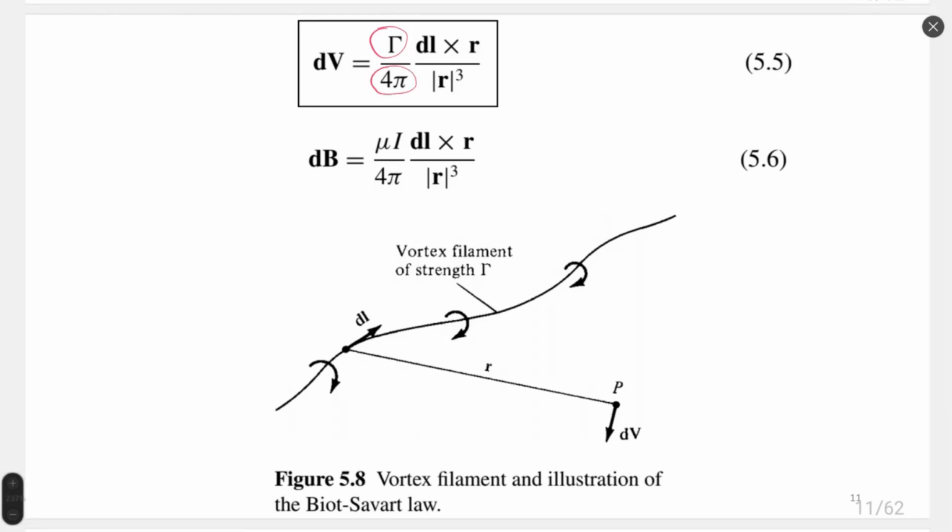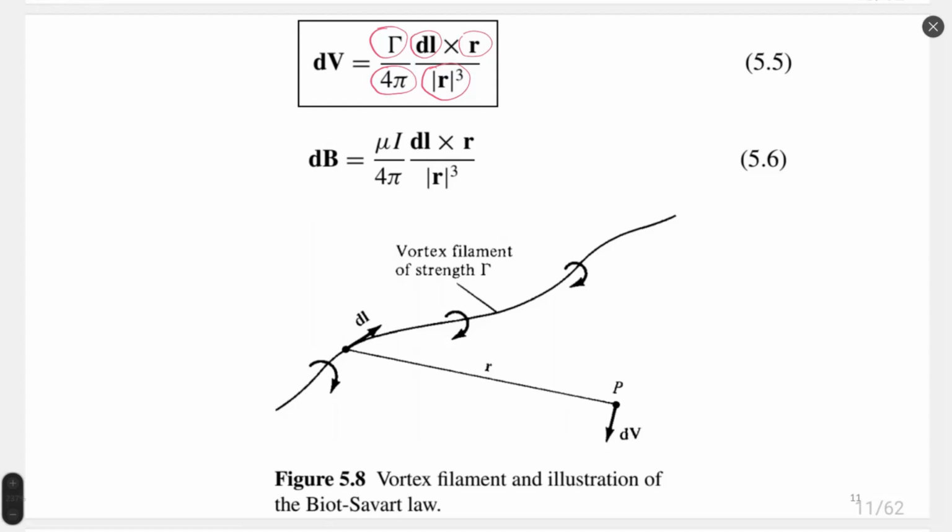It is inversely proportional to a constant 4 pi, multiplied by the size of each piece of this vortex, multiplied by the distance. It's a vector product, with the distance as a vector, divided by the cubic distance.